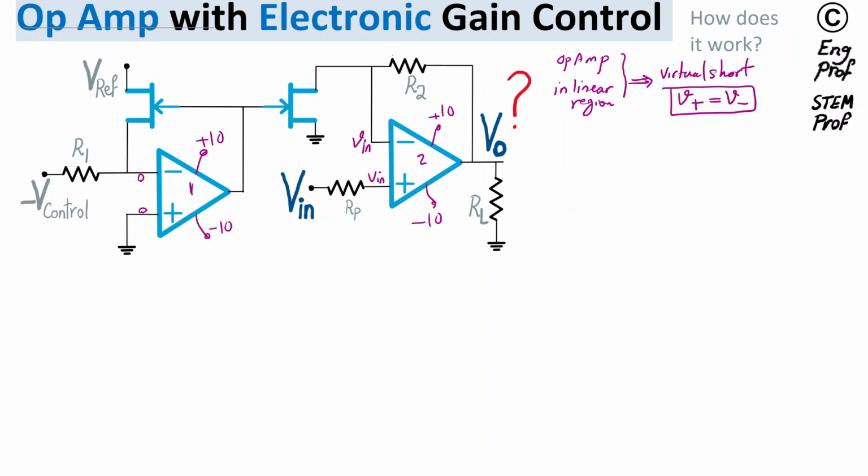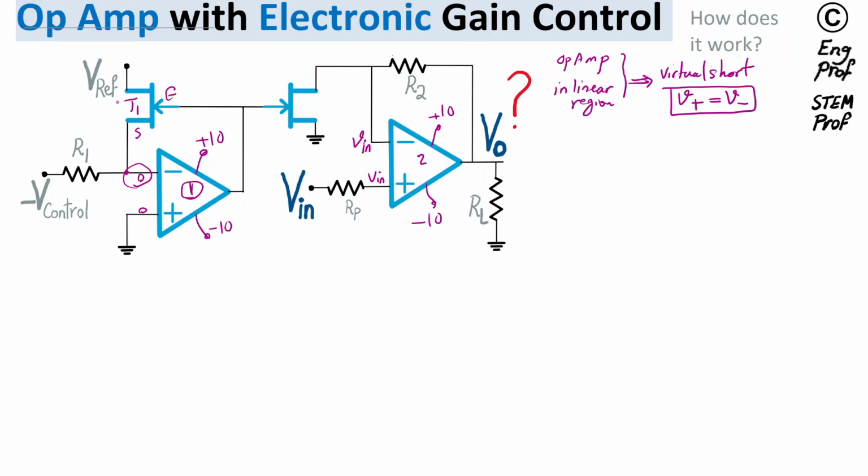With that in mind, now let's focus on the operation of the first JFET, or junction field effect transistor, in this example, transistor T1. The gate is here, the source is here, which is exactly the same node as the negative input terminal, or inverting terminal, of op-amp 1, and it's at 0 volts as well.